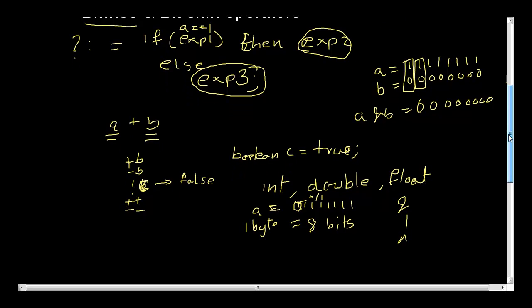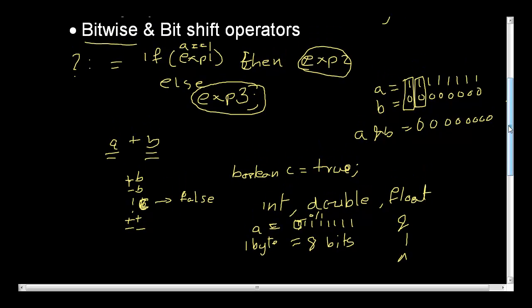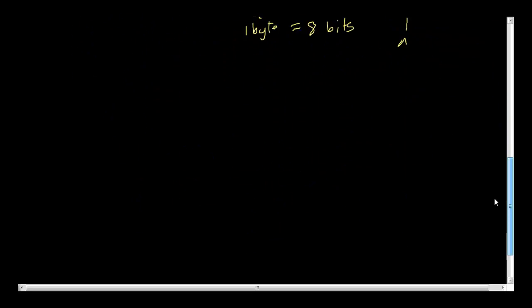The second type of operators that deal with bits is bit shifting. So you have these 8 bits, you can shift them to the right or shift them to the left. Let's start with a clean slate. You have 8 bits here.